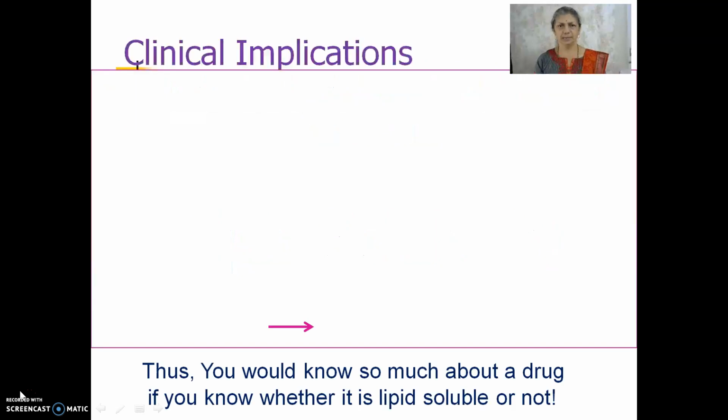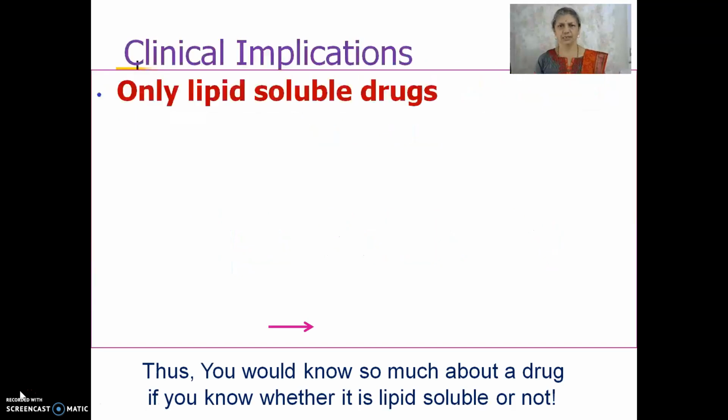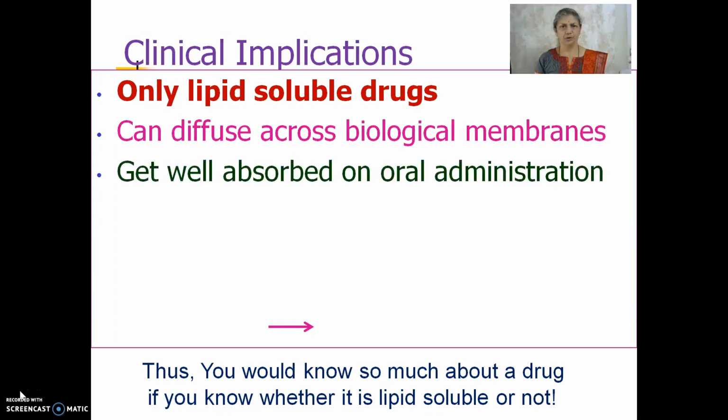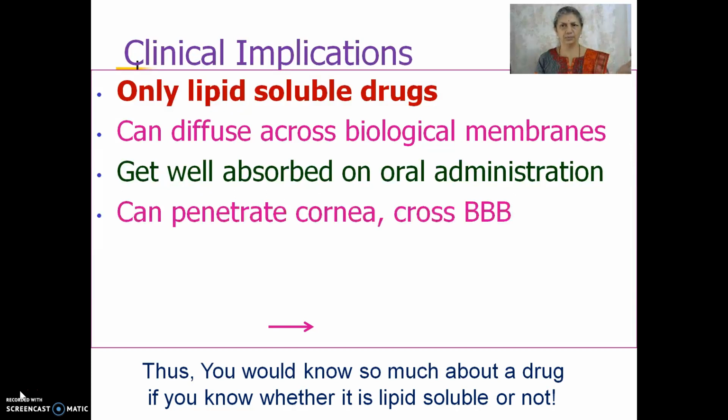So what are the clinical implications of lipid solubility? Only lipid soluble drugs can diffuse across biological membranes, and therefore only lipid soluble drugs are well absorbed on oral administration. They can cross the cornea into the aqueous humor. They can cross the blood-brain barrier into the CSF and have actions inside the eyes or inside the brain.